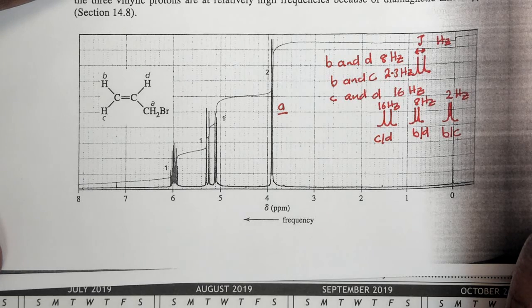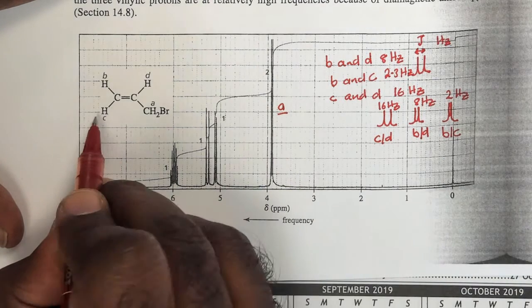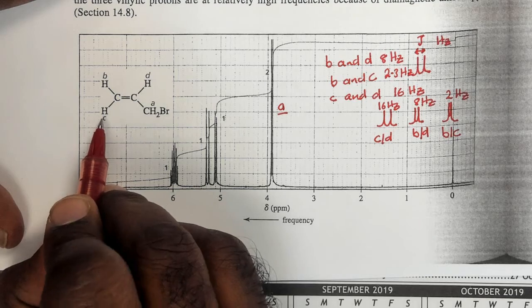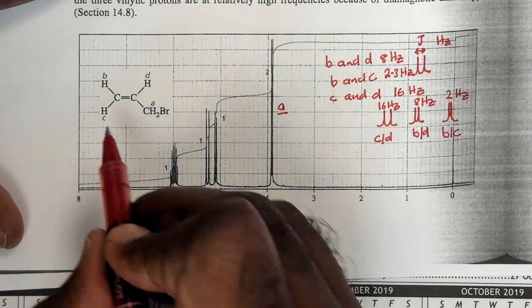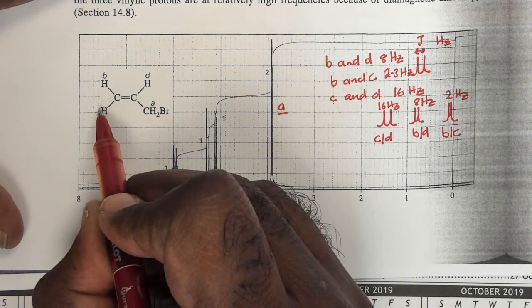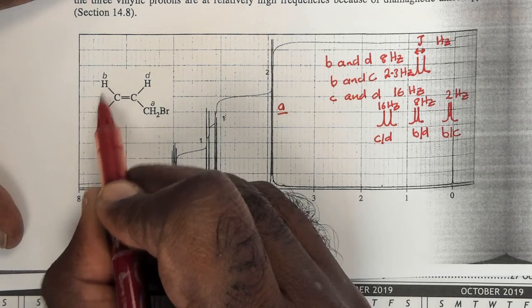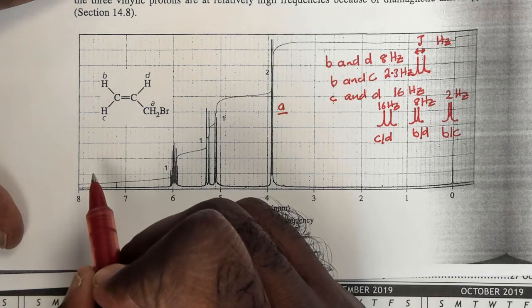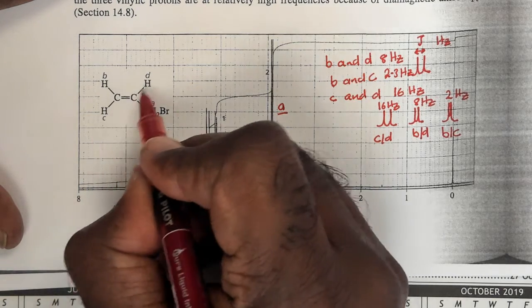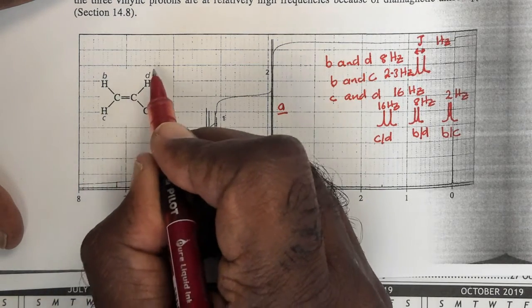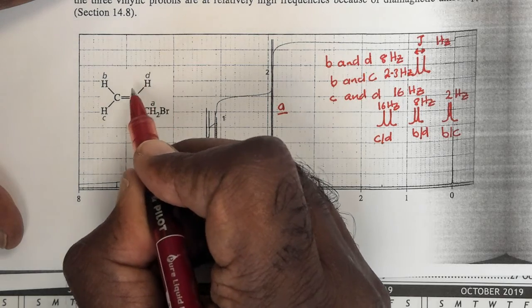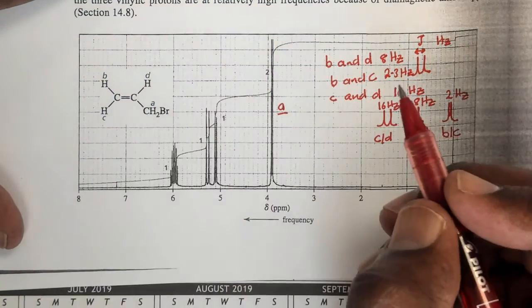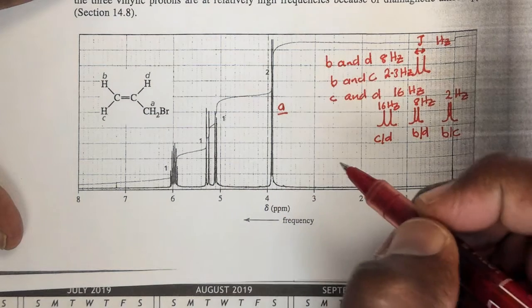So if I look at my C resonance, what I'm actually getting is a very small geminal coupling here, and I would also get a very large coupling that you see here. Alright, so a large coupling and a small coupling.